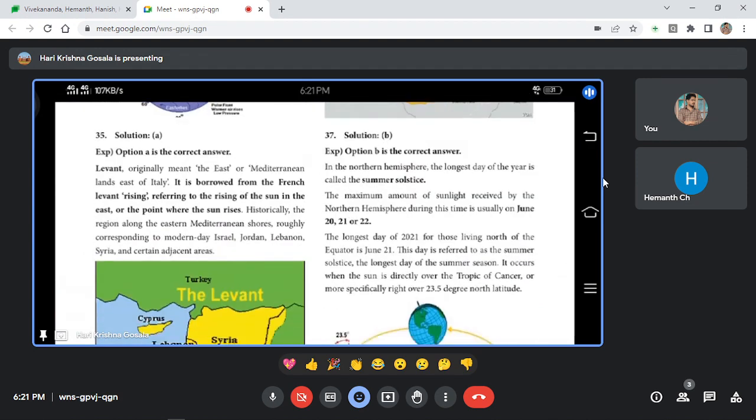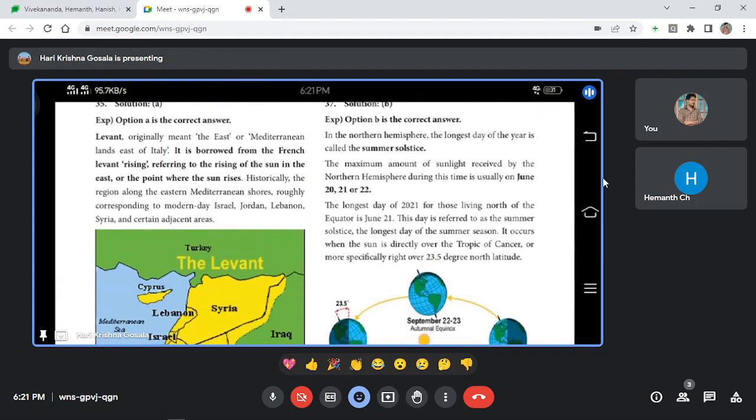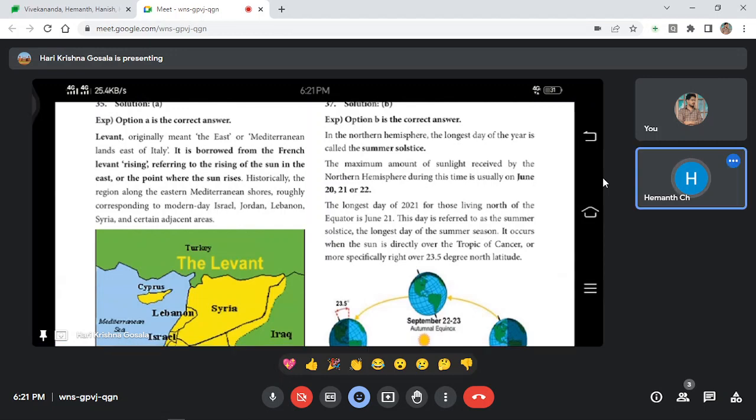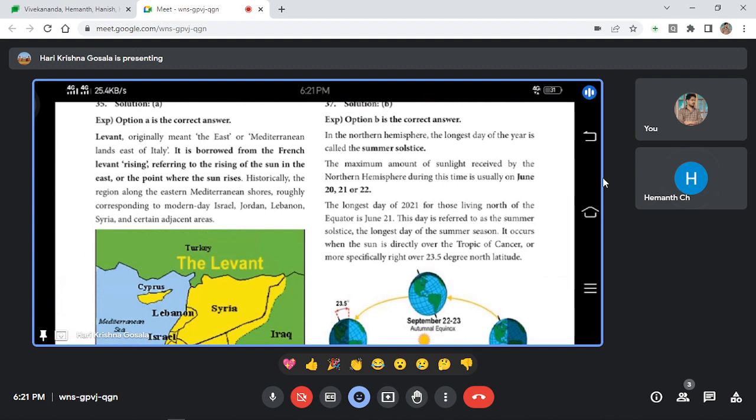Option B is the correct answer. In the northern hemisphere, the longest day is near the summer solstice. The maximum amount of sunlight received by the northern hemisphere during this time is usually on June 20, 21 or 22.